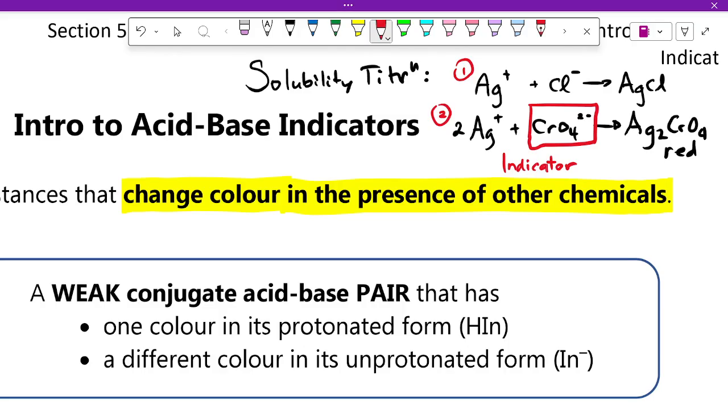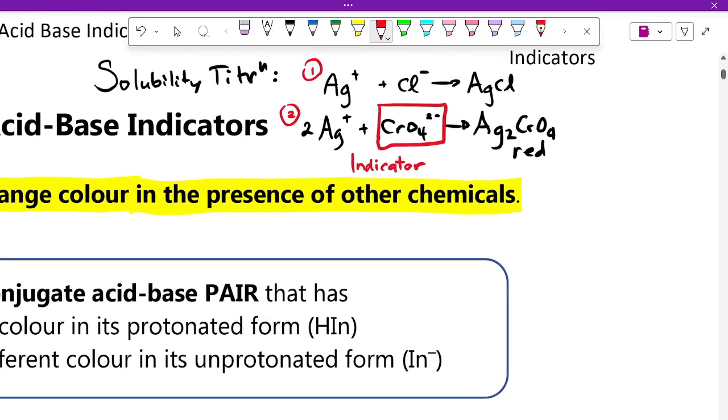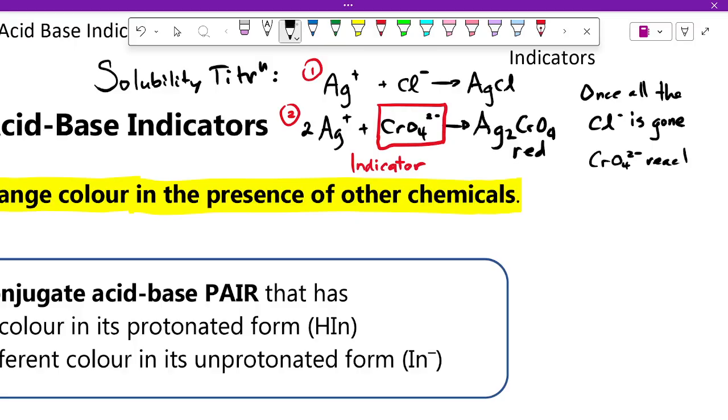Once all the chloride is gone, it reacts with the silver. And if you've forgotten, that little guy there means with.